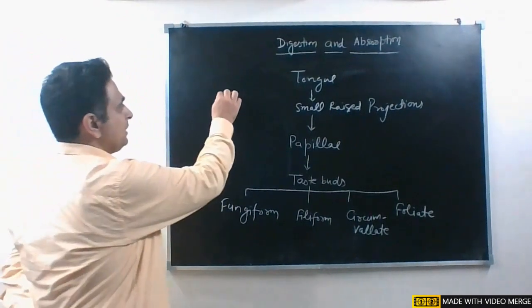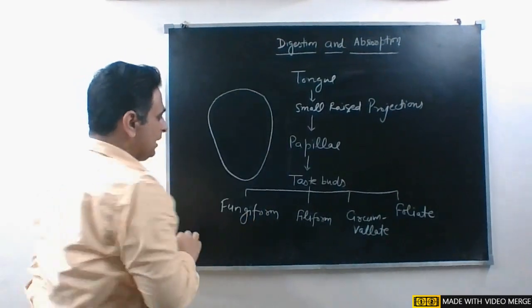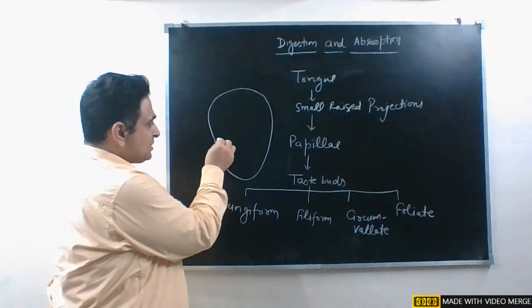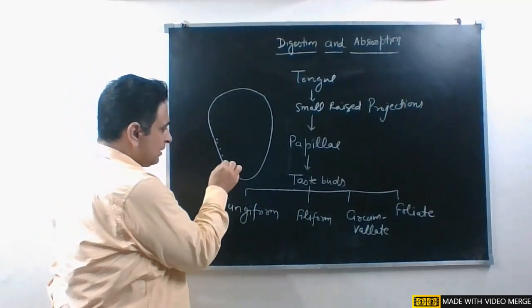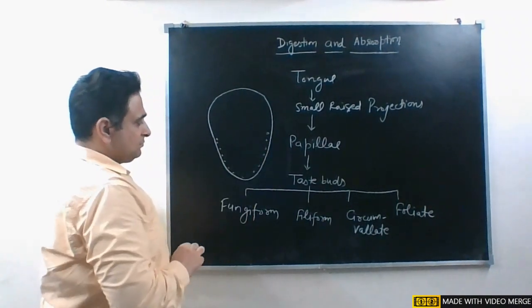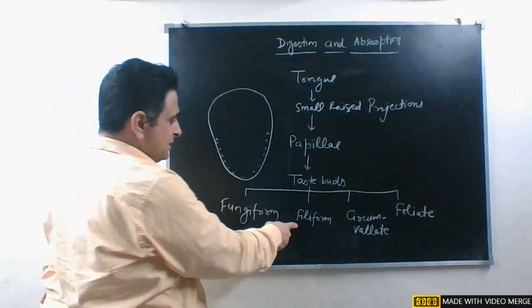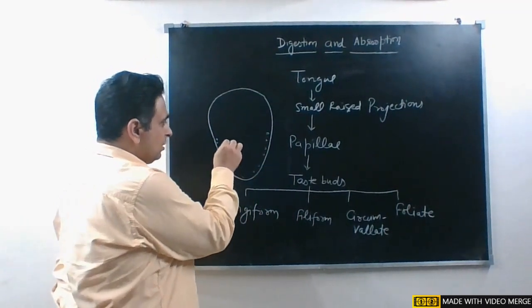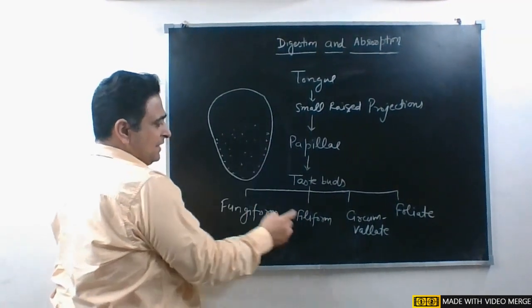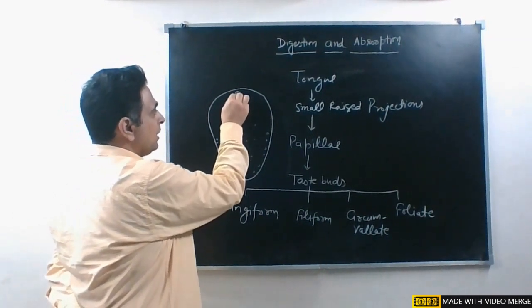If we see the structure of the tongue, students, the fungiform papillae are present at the anterior margins or on the sides. Whereas the filiform papillae are present throughout the tongue, and the circumvallate papillae are present at the posterior end of the tongue in an inverted V fashion.